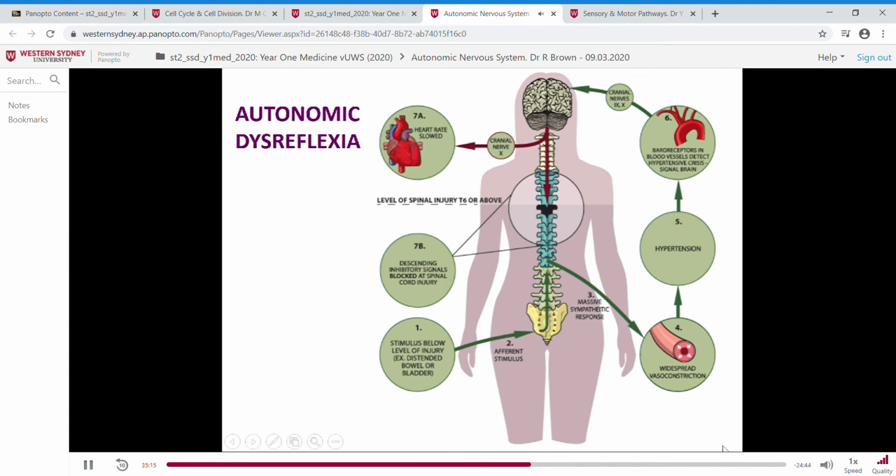I think I'm yet to have come across a high-level complete injury that doesn't suffer from this condition at some stage. Some subjects their body will get a little bit used to it, and as their injury progresses over the years, it's not quite as bad, and for some reason, they get worse as they progress years down the track. So it is an extremely important condition.